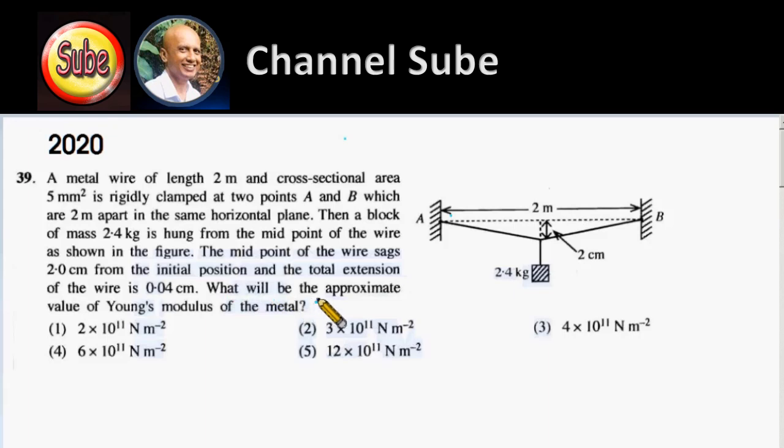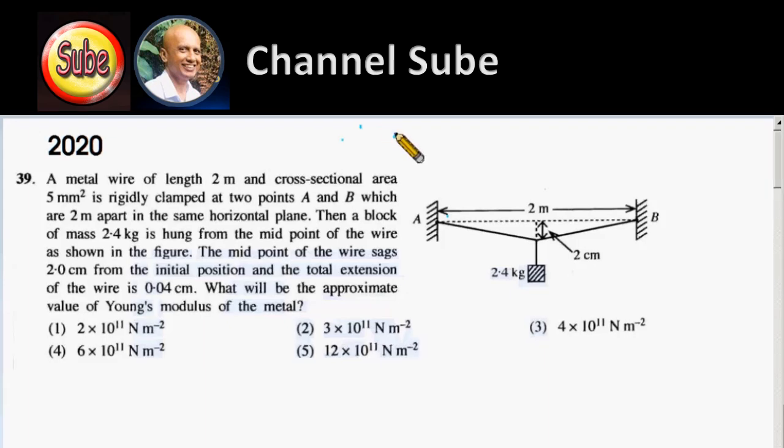Then what will be the approximate value of Young's modulus of the metal? So they ask Young's modulus. To find out Young's modulus, we have to use a lot of mathematics here, because there are two triangles, symmetrical and equal.